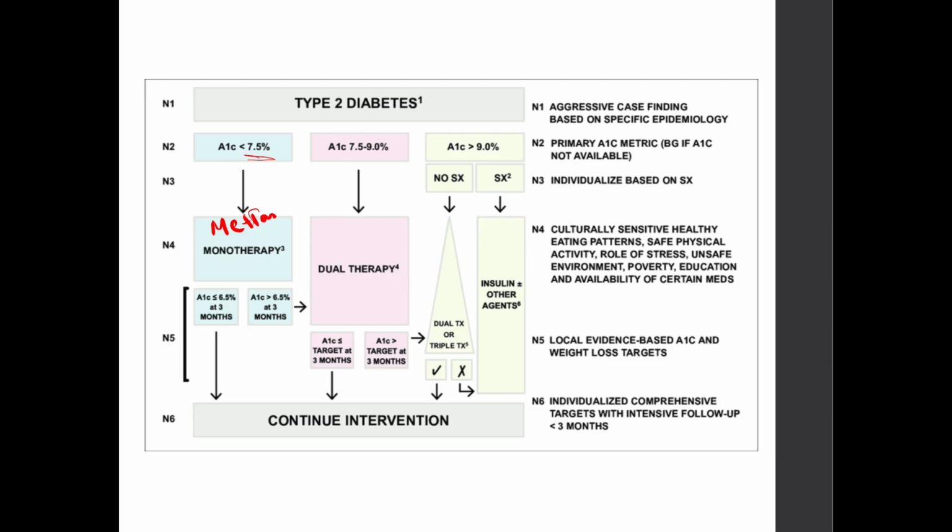Okay, most of the time we start with it. If everything is controlled and the A1C is less than 6.5, which is the target, we continue the intervention. If the A1C starts to increase, then we do a dual therapy. So for example, metformin plus GLP agonist.